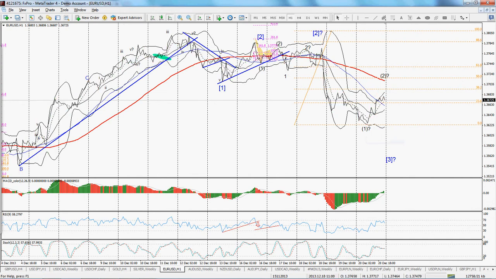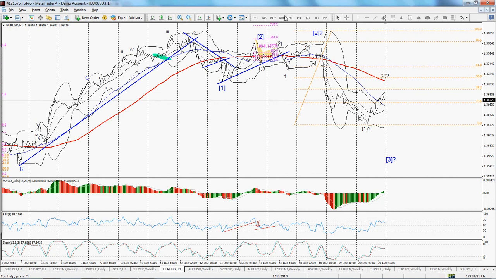If you go deeper and try to count those waves, you should come to the conclusion that the third wave of this downward impulse has ended somewhere here. This is an A, B and C for the fourth, and this is the final fifth wave, which is 161.8 times as long as wave 1 was, of this movement here.